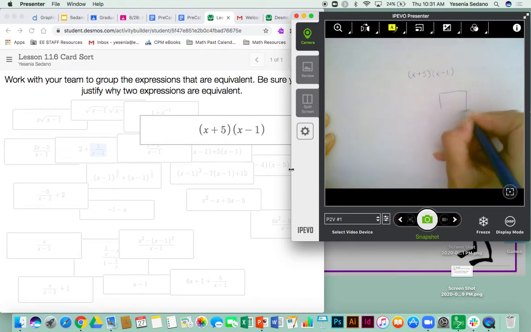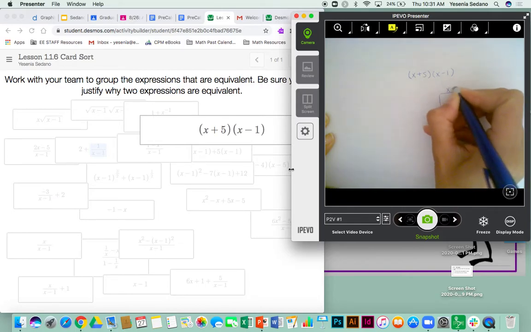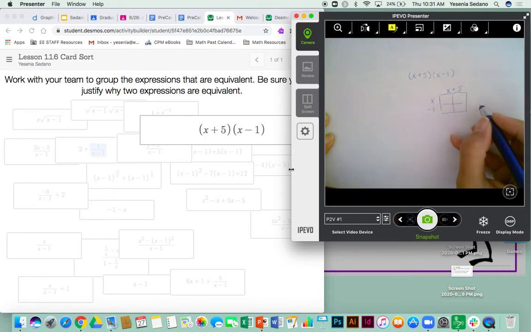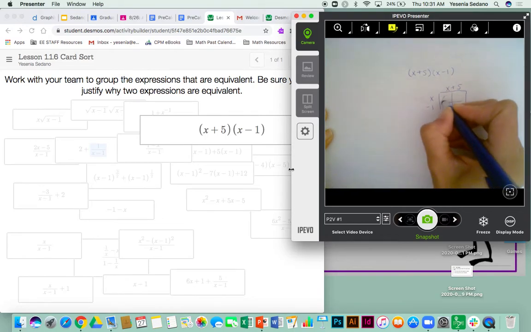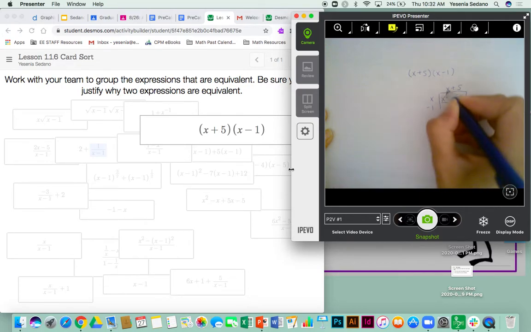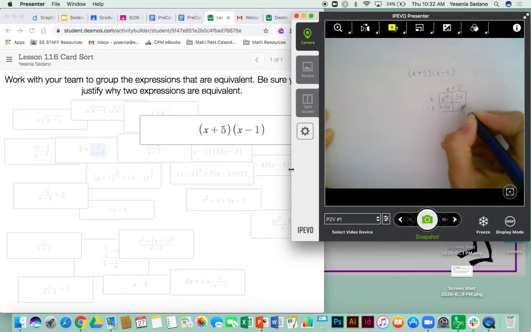So you're going to go ahead and draw a box. I'm going to put x plus 5 on here, x minus 1 down here. So I would do x times x is x squared, 5 times x is 5x, negative 1 times x is negative 1x, negative 1 times 5 is negative 5.